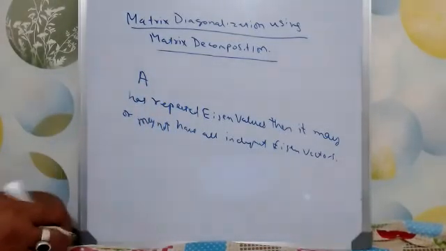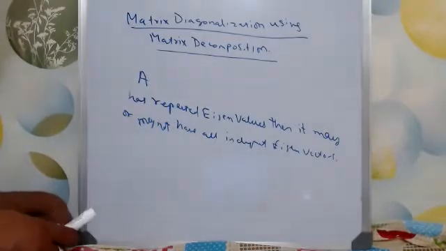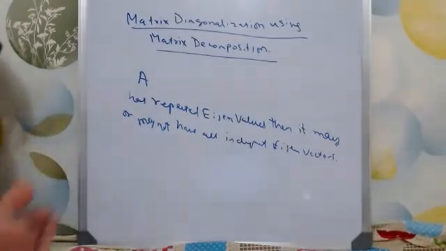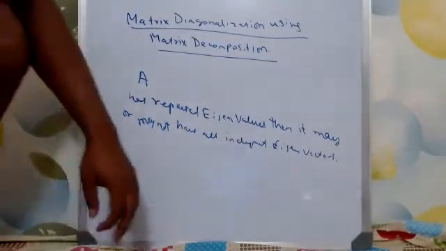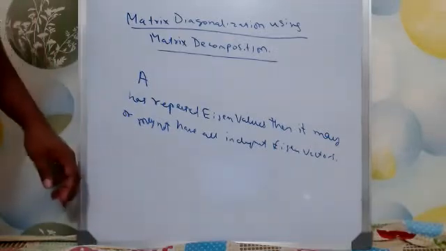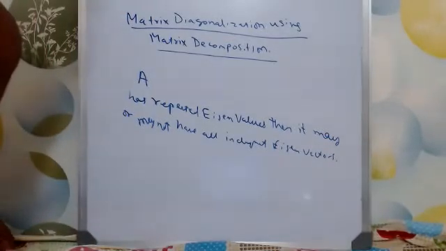So when matrix A has repeated eigenvalues, it may or may not have independent eigenvectors. So if you see repetition in eigenvalues, then you have to go ahead and solve for the eigenvectors. Then you have to make sure from there that they are independent.